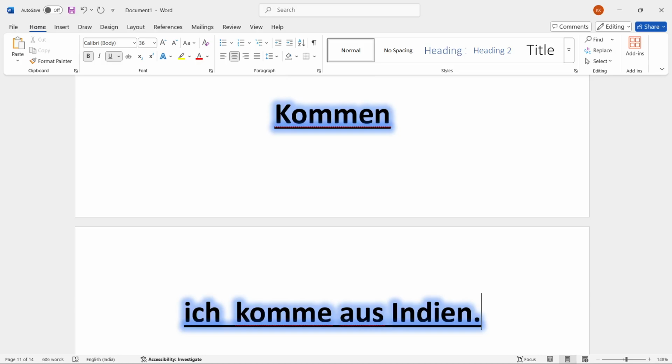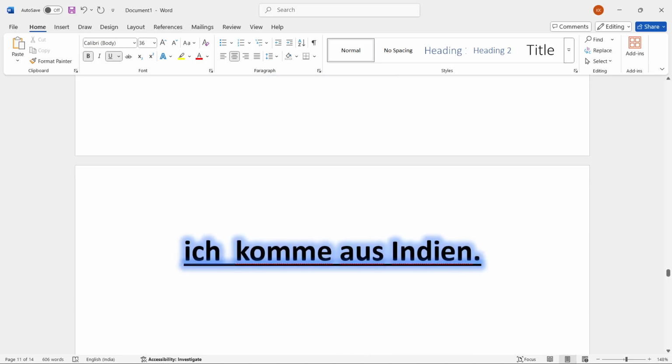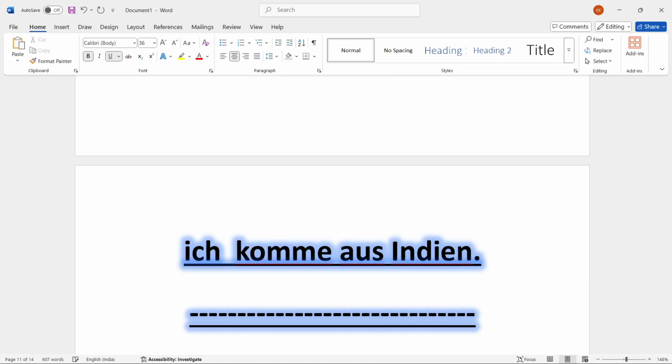Look here. Our verb position is at the second position. Verb is here at the second. This is the conjugated verb, na? At the first position, we are adding the subject. Then at the second position, our verb. Then the rest we can add what we want.